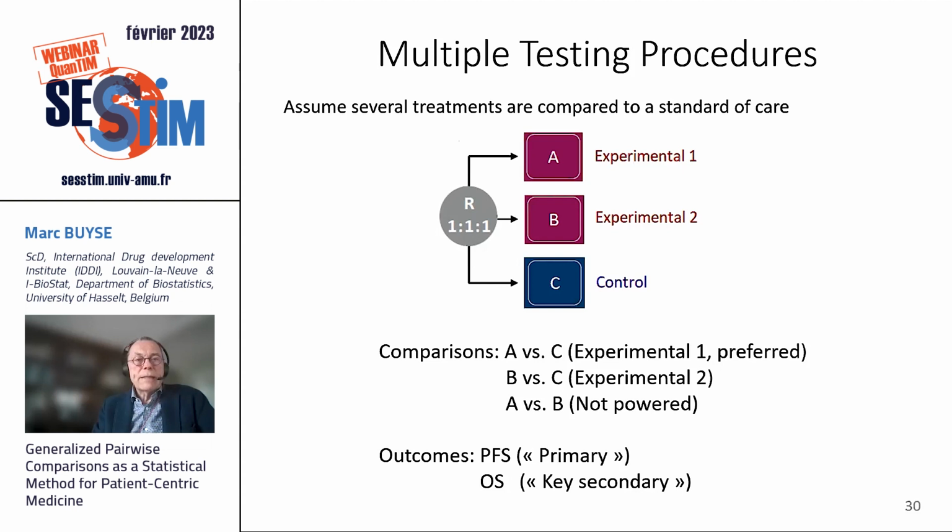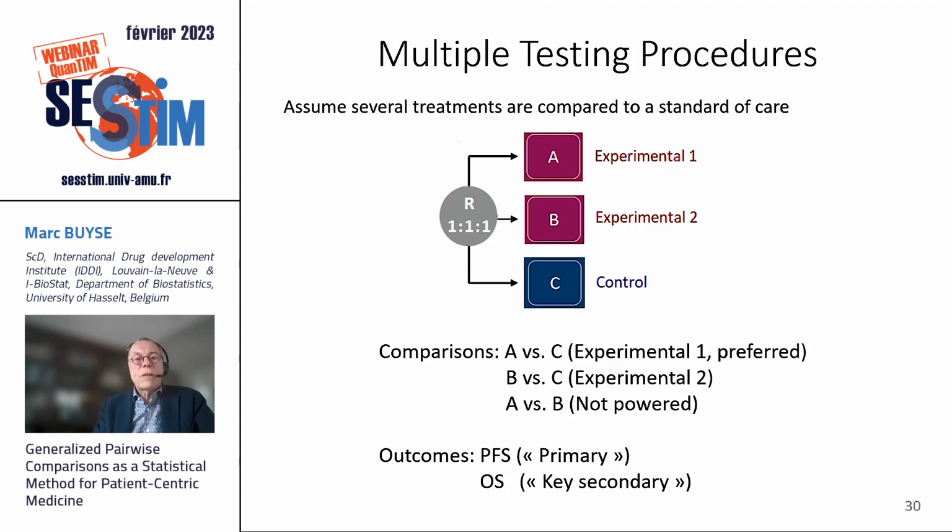In this particular case, they had 3 randomized groups, a control group, and then 2 experimental groups. But importantly, experimental 1 was the treatment that for some reason they preferred based on preclinical evidence and so on. Experimental 1 is the one they truly believed in. And then they had experimental 2 as another experimental arm versus the control.